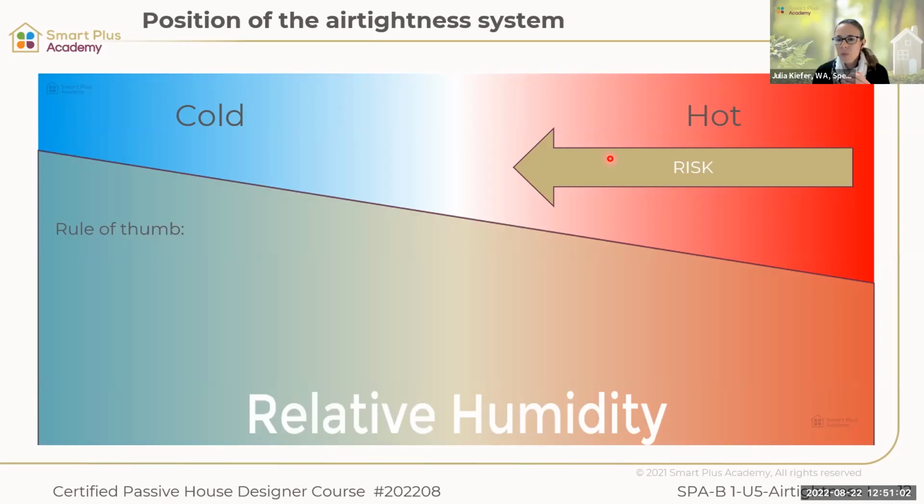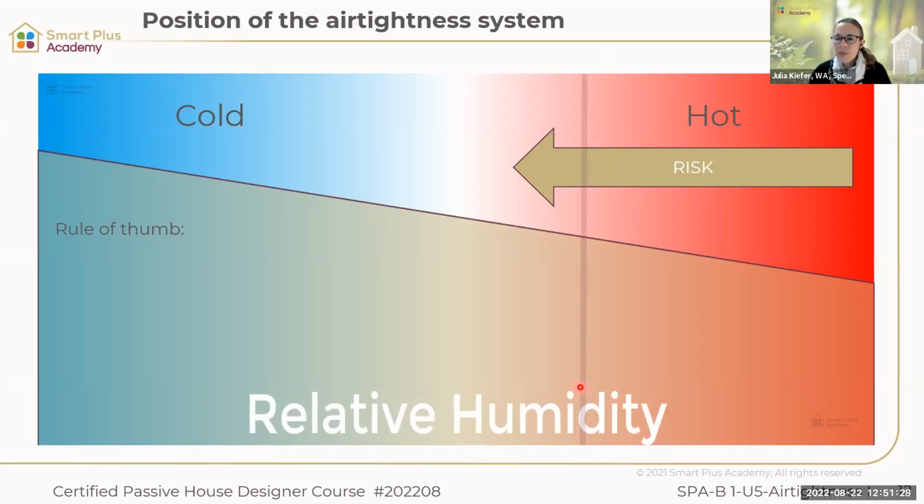So this is what happens when you take your cold beer can out of your fridge. That surface is colder, the hot air goes onto that surface, cools down, comes to a dew point, and that's where condensation happens. So the risk always comes from the hot side, and we want to stop that air from the hot side to the cold side. Okay, so our airtightness system always on the hot side, on the warm side of our structure.